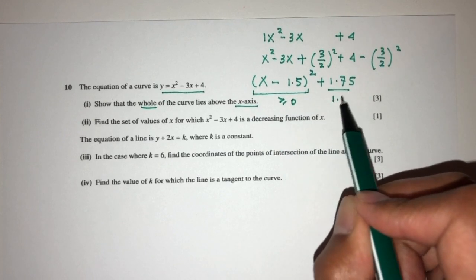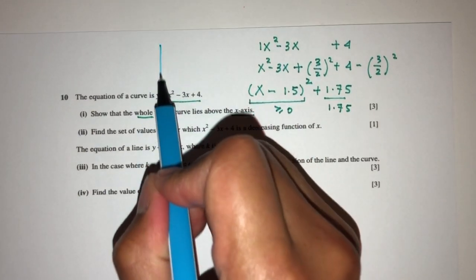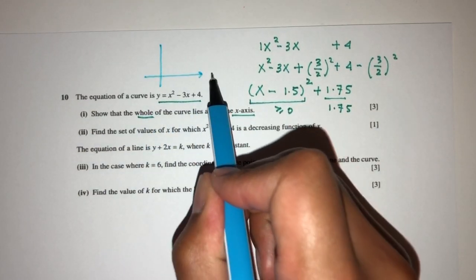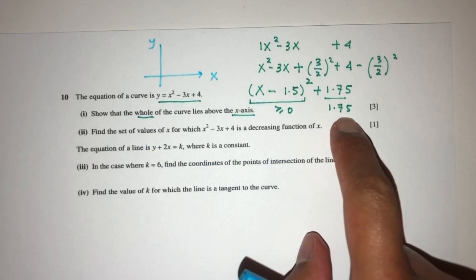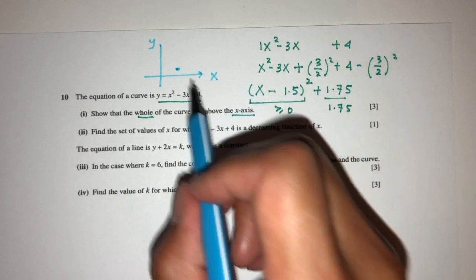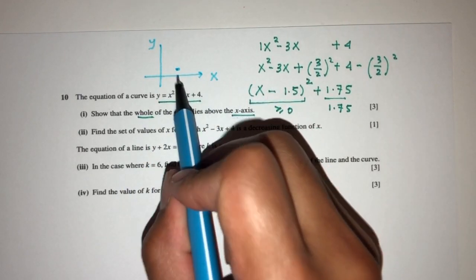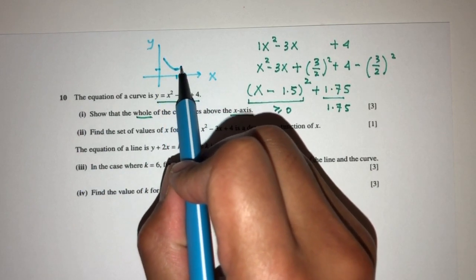This is 1.75. Now the shape of the curve will be something like this. This is the axis, this is x and y. Now as you can see, we can show that this is the minimum value. It should be somewhere over here at the point of 1.5. This is the 1.5, this is 1.75. So the shape is something like this, right?